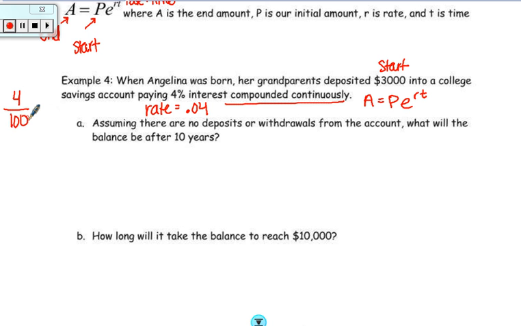So assuming there are no deposits or withdrawals from the account, what will be the balance after 10 years? So how much am I ending with? If I know I start with $3,000, it's compounded continuously, so I use the e. I know my rate is 4%, so 0.04, and I know I'm multiplying that by 10 years. How much will we end with?